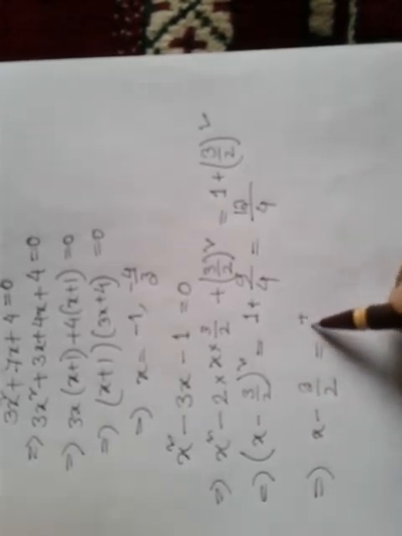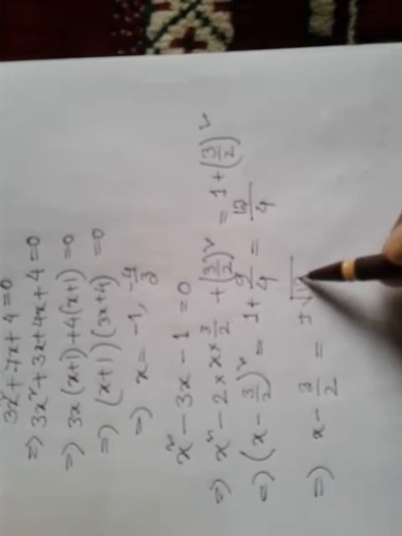Now we square root both sides. x minus 3 by 2 equals plus minus square root of 13 divided by 2. So we have x equals 3 by 2 plus minus square root of 13 by 2.